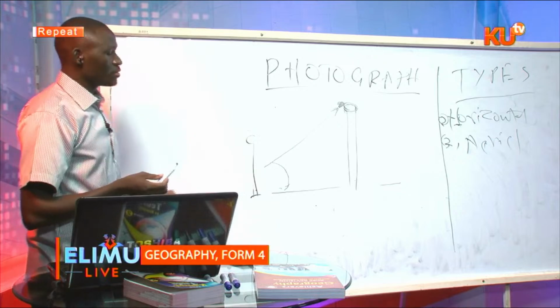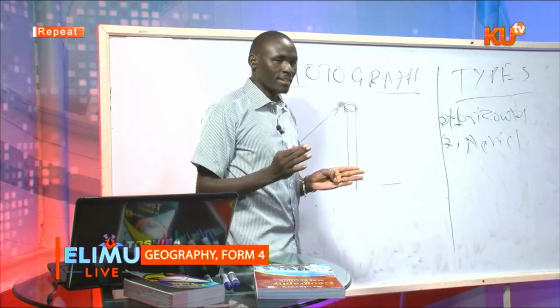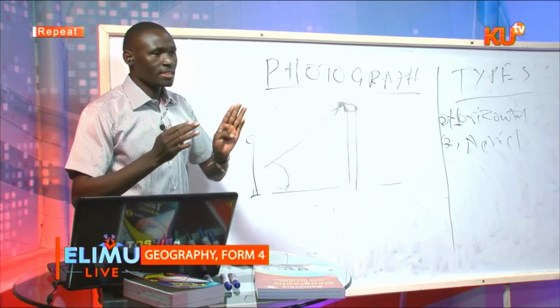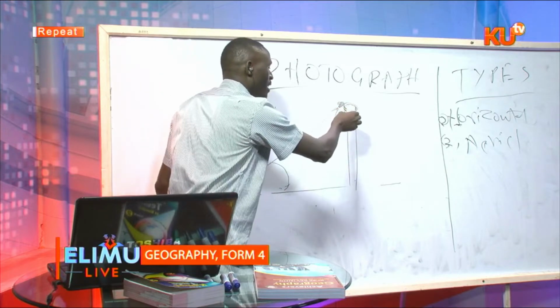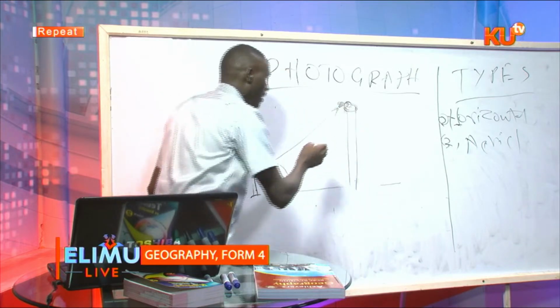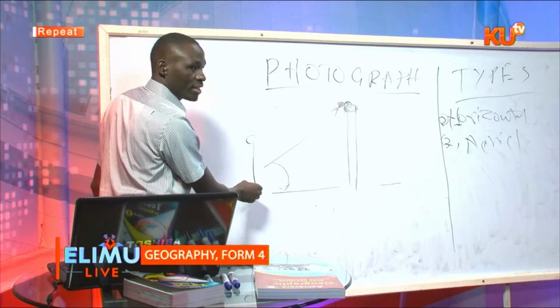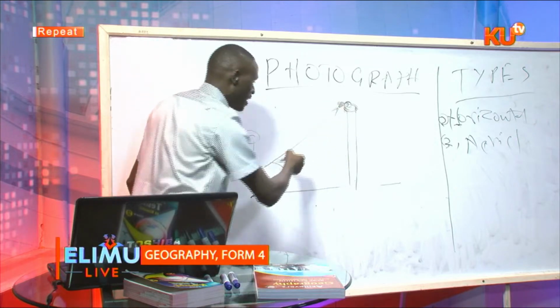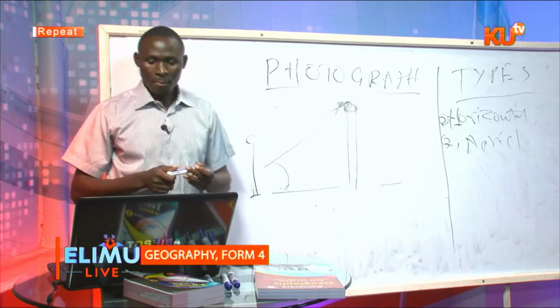The other term that is normally used is ground oblique, because the cameraman still is at the same level with the object, but the object might be higher, or maybe the cameraman might be on top of this building, and he or she is focusing on an object that is down here. So it will still create an angle, and that is the ground oblique.